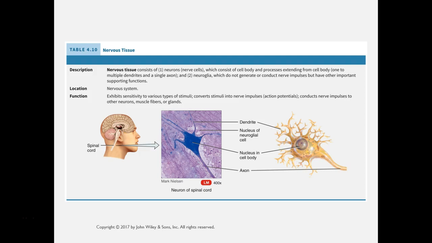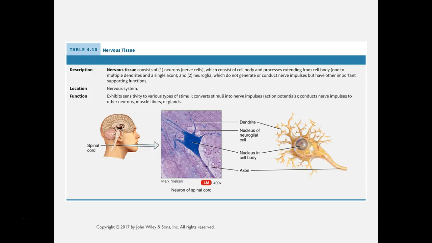They may clean up the environment around the neuron by getting rid of cellular debris or waste products. They may also secrete some of the fluids found within the nervous system, such as the cerebrospinal fluid. Some of the cells, such as astrocytes, connect blood vessels to some of the nervous tissue. So your neuroglial cells are there primarily for support.